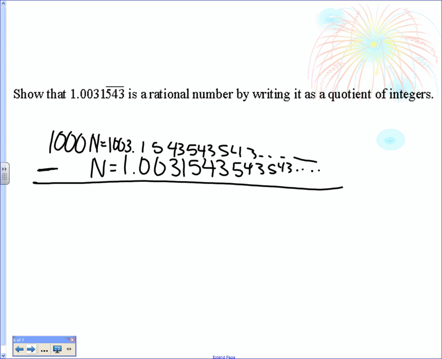1,000 n minus n is what? 999n. Let's start over here. What numbers get subtracted? So what is all of this over here?